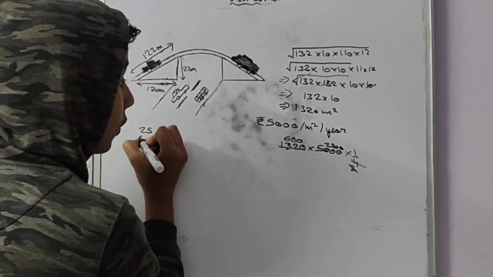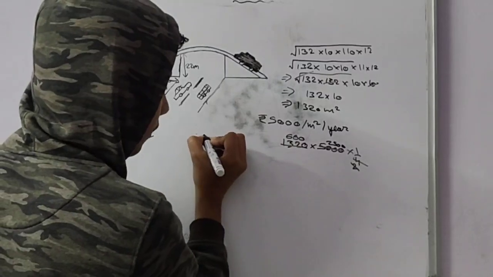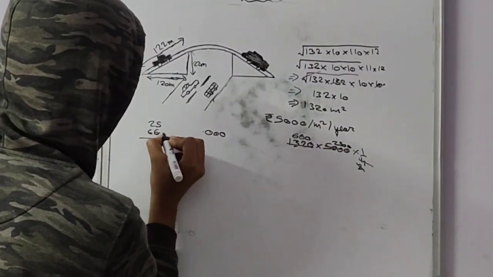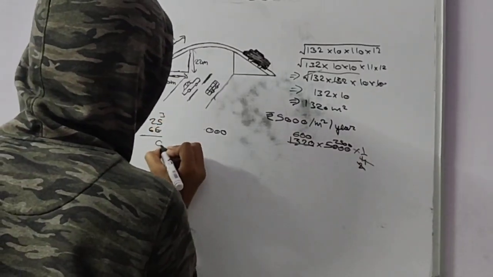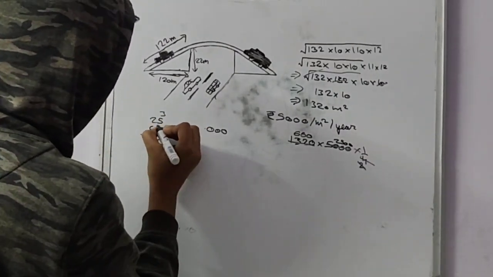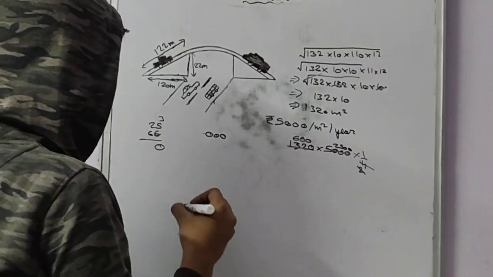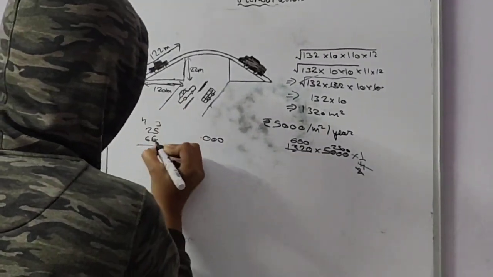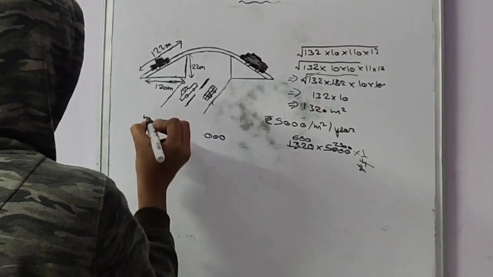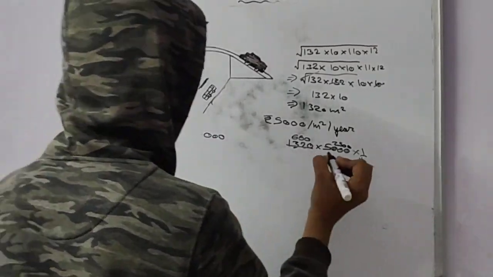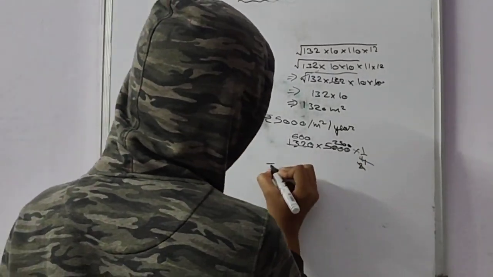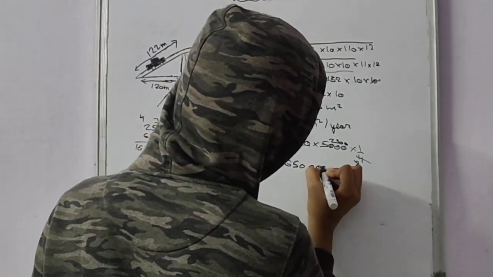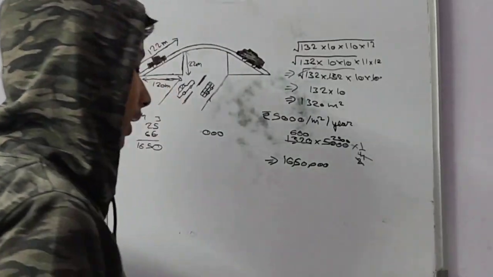So 25 into 66, and here will come 30. 6 5s are 30, 6 2s are 12, 5 6s are 30. 12 plus 30, 42, 45. 4, 5, 6 2s are 12, 13, 14, 15, 16, 1650 plus 000 equal to 1650,000 rupees will be our answer.